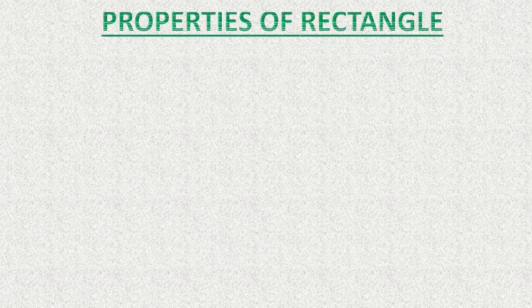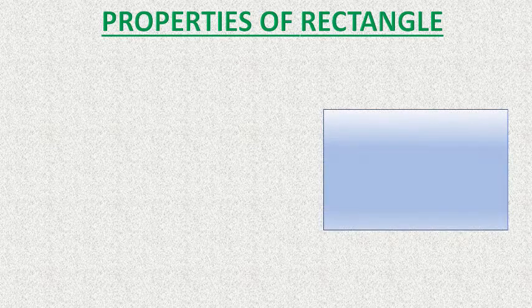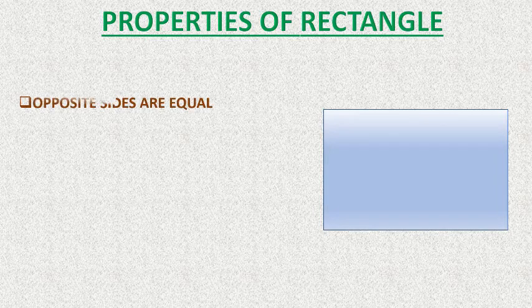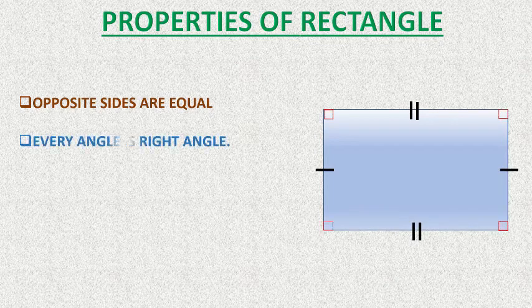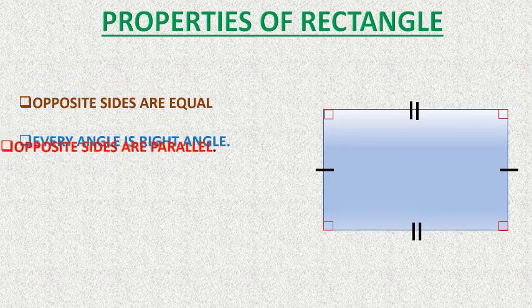Next we have the properties of a rectangle. This is a rectangle, and the first property we have: opposite sides are equal, like this. Every angle is a right angle. If we measure the angles, each is equal to 90 degrees, means every corner of the rectangle is 90 degrees.